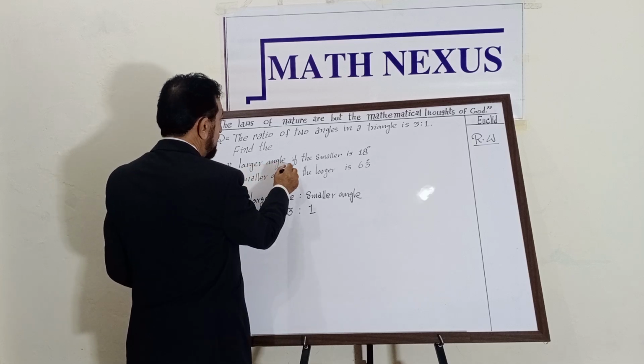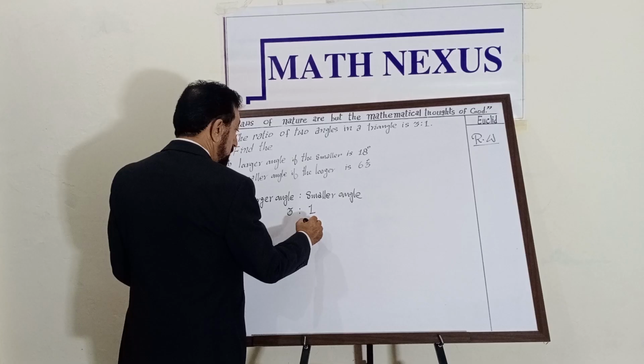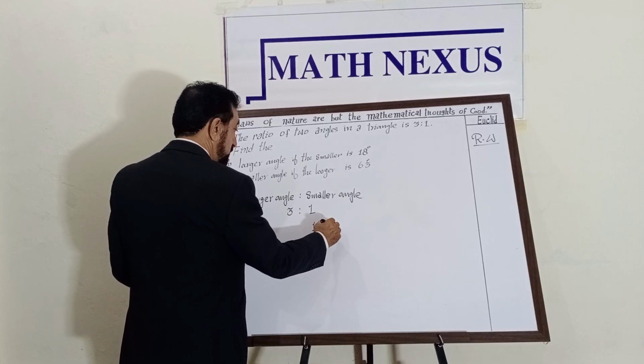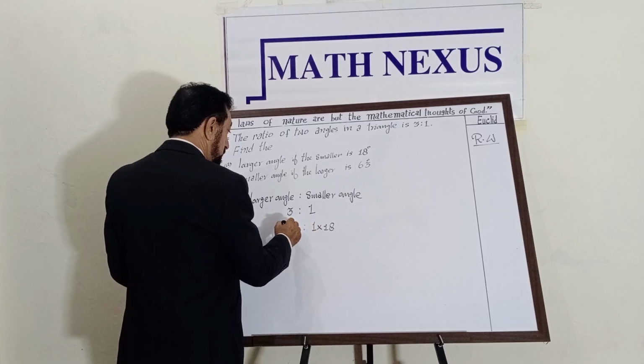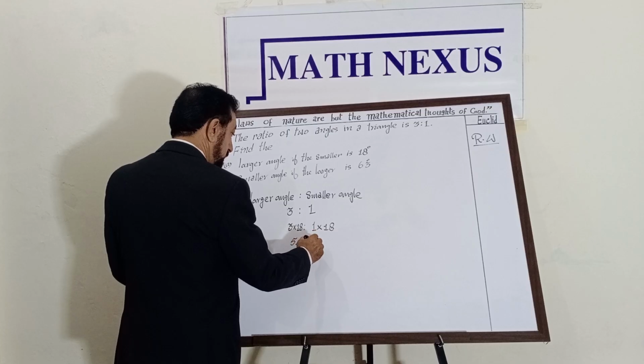Find the larger angle if the smaller angle is 18. 1 into 18 and 3 into 18, 3 into 18 is 54, and 18.